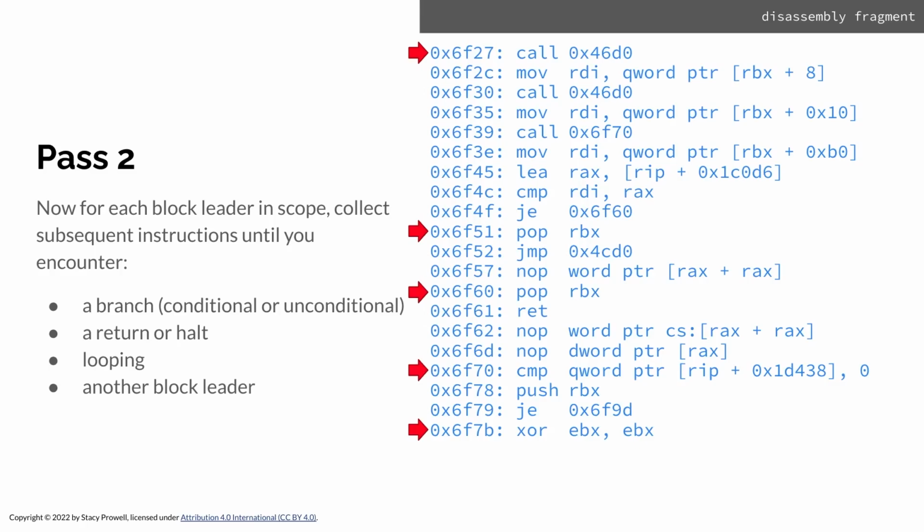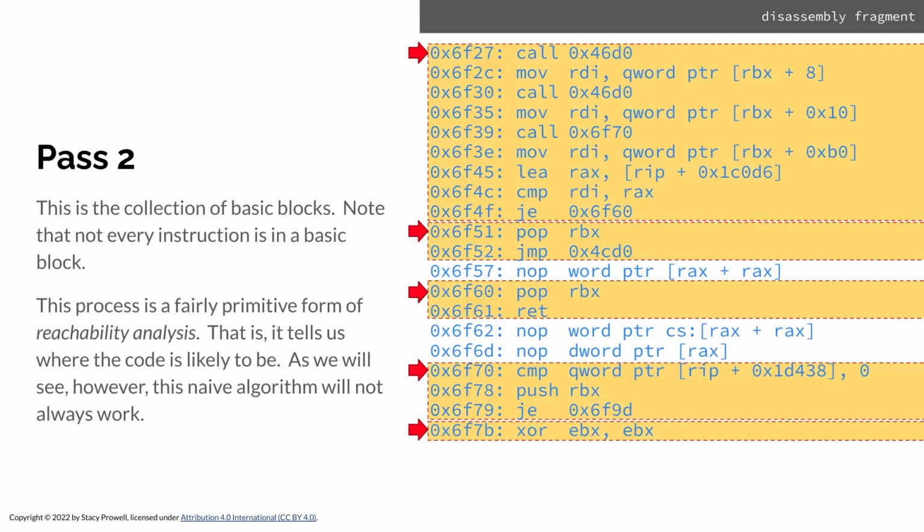Now, for each basic block leader, we're going to collect up the instructions that make up that basic block, terminating when we reach something that modifies the control flow. So let's go do that. That turns out to be super easy. For that first basic block, we have a call, move, load effective address, compare, and then a conditional branch. That conditional branch terminates the basic block because control flow goes somewhere else.